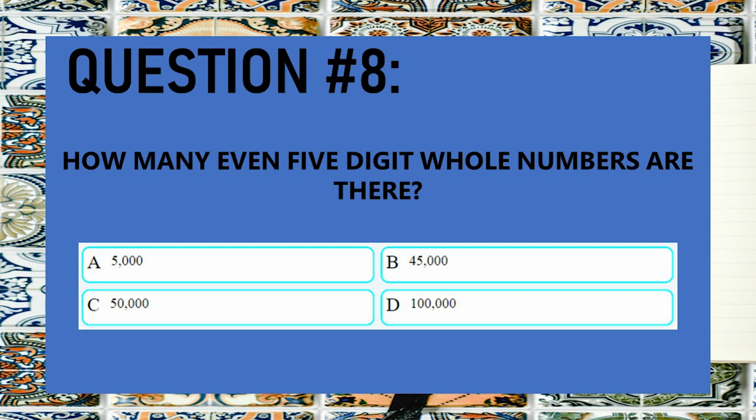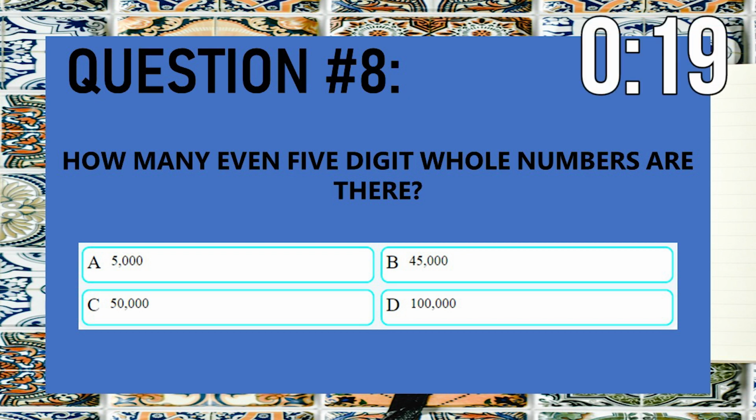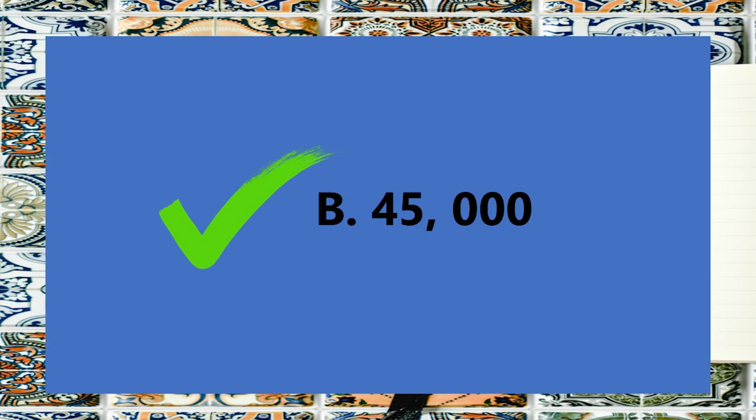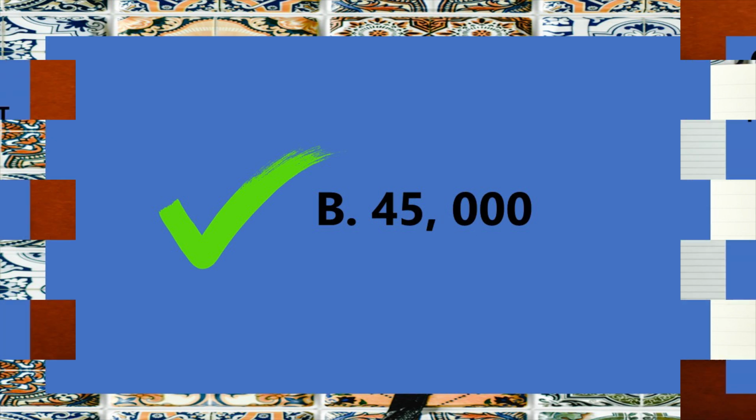Letter A, 5,000. Letter B, 45,000. Letter C, 50,000. Or letter D, 100,000. And the correct answer is letter B, 45,000.